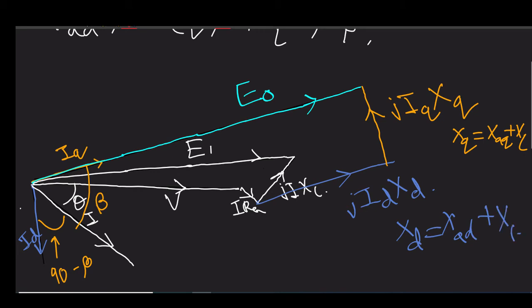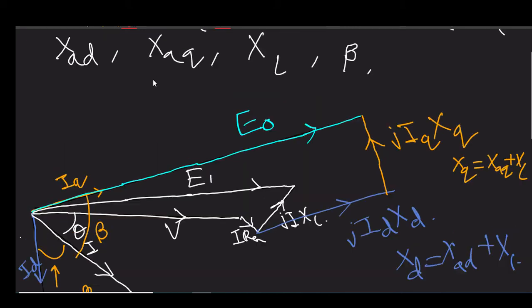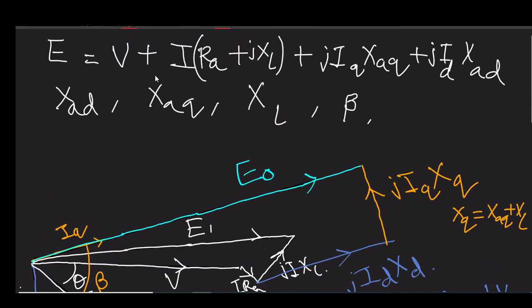Now the problem is, if you do not know beta, this construction depends on beta. Now knowing beta is not that easy. XAD or XAQ you can evaluate by conduction of experiment, you can figure it out.